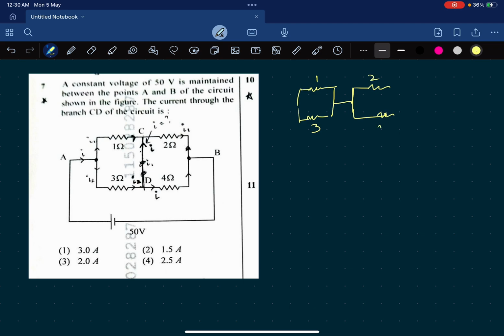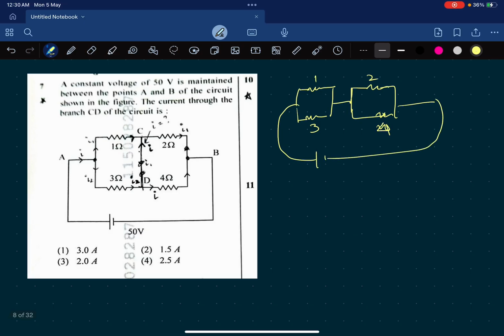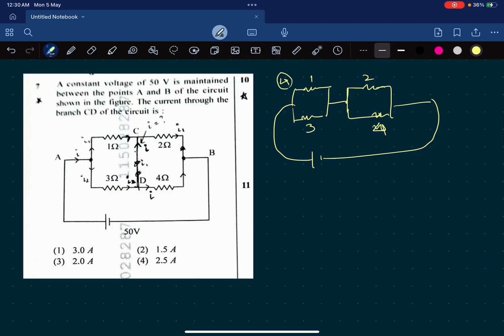This is 2, 4. The equivalent resistance of this circuit will be 1 into 3 by 4, so this is equal to 3 by 4. And this will be 8 divided by 6. So 3 by 4 plus 4 by 3. So it is 12.